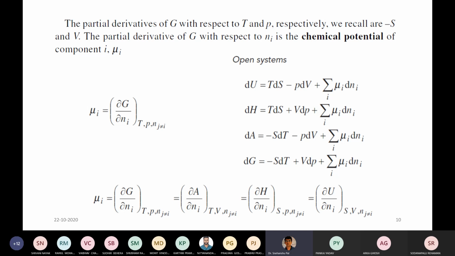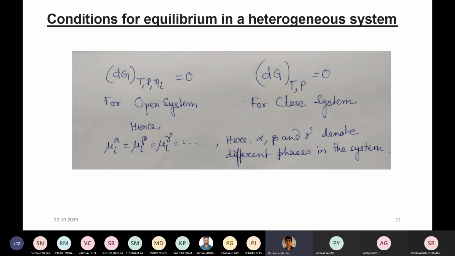That is del G by del Ni, where T, P and Nj, with j not equal to i, meaning all the other components of the system, are constant. In the same way you can see the correlation of the chemical potential with the Helmholtz free energy, the enthalpy, and the internal energy. Now we understood what chemical potential actually means and represents.